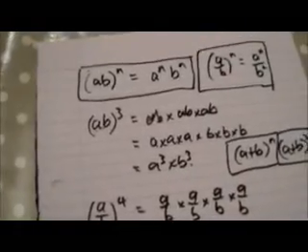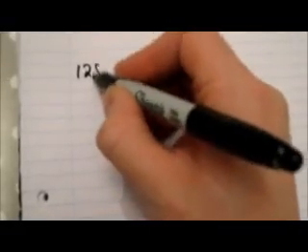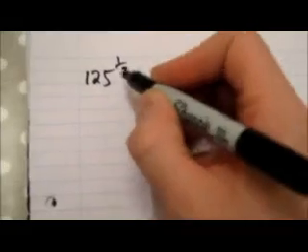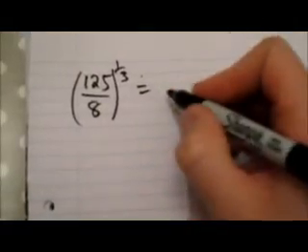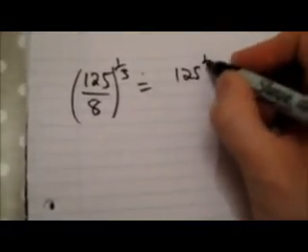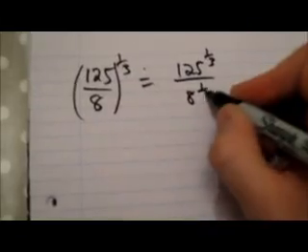So, an example then using this, we'll start off with a reasonably straightforward example. Suppose you take something like (125 over 8) to the power of a third. So this is 125 to the power of a third over 8 to the power of a third.